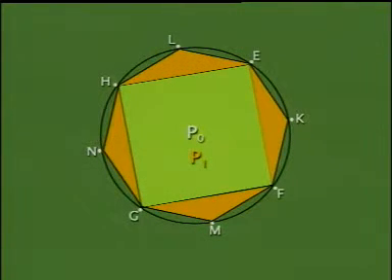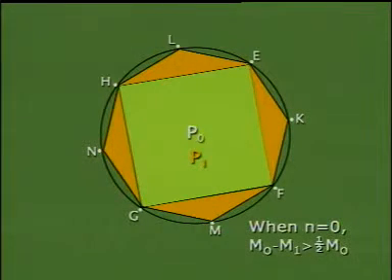Let's consider the case where n is equal to 0. That is, we shall show that M0 minus M1 is greater than half times M0.